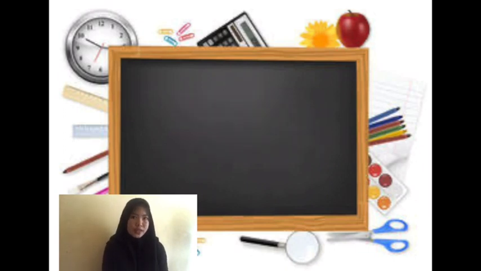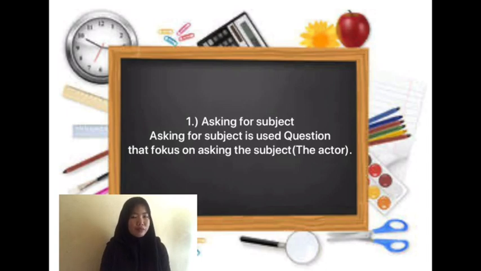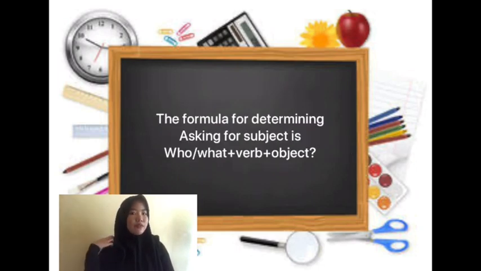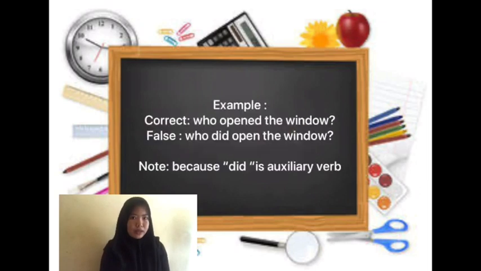The first is asking for subject. Asking for subject is used for questions that focus on asking for the subject or the actor. The formula for asking for subject is what or who plus verb plus object.